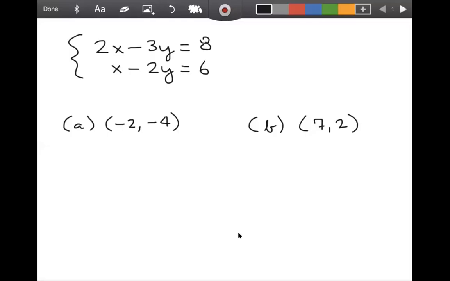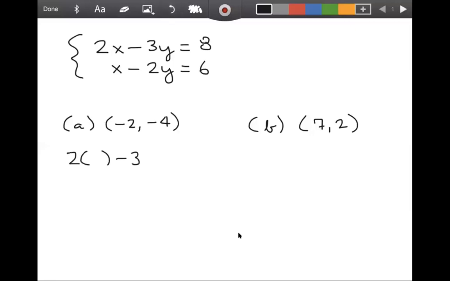All right, so let's start with -2, -4. Remember that in order for the ordered pair to be a solution of the system, it has to be a solution of both equations. So let's start with 2x minus 3y equals 8.